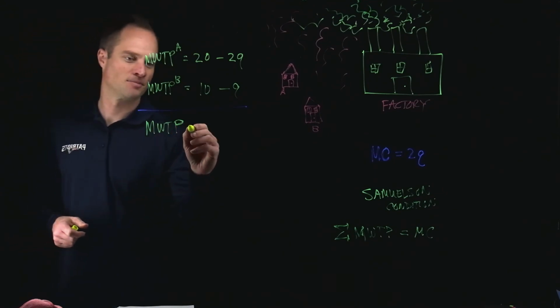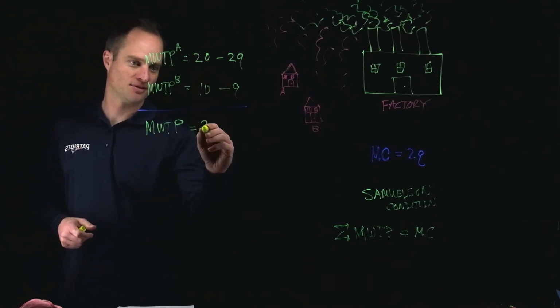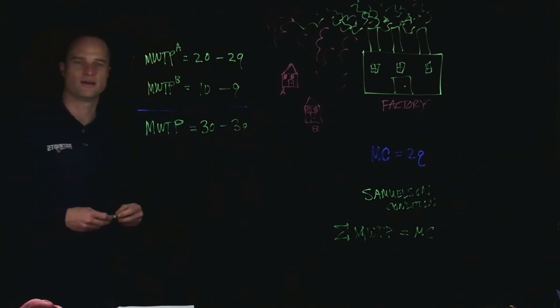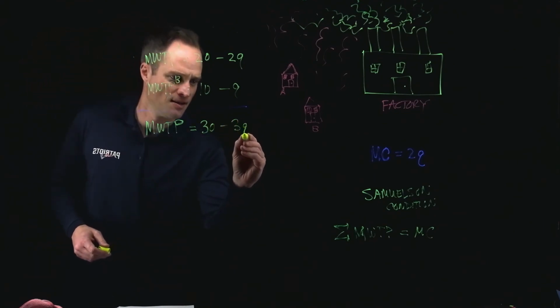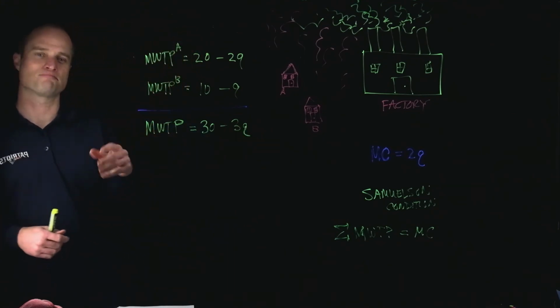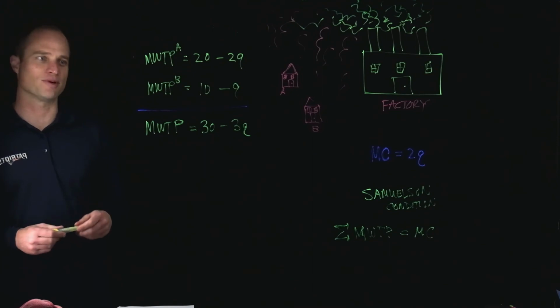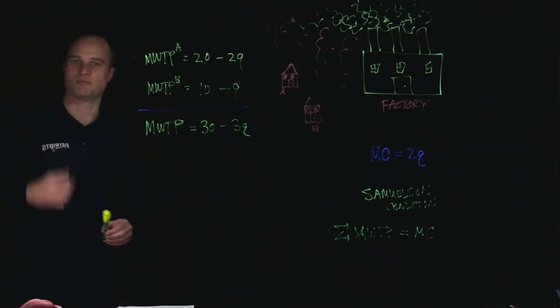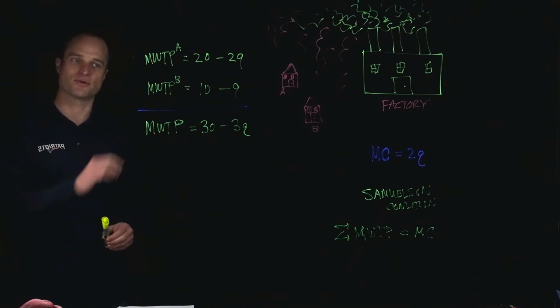And so, okay, I'm summing these, and I'm looking at 30 minus 3Q, right? Remember, summing these marginal willingness to pay, we call this vertical summation. And why? Because these monetary values, prices or willingness to pay, are on the vertical axis when we're graphing these.